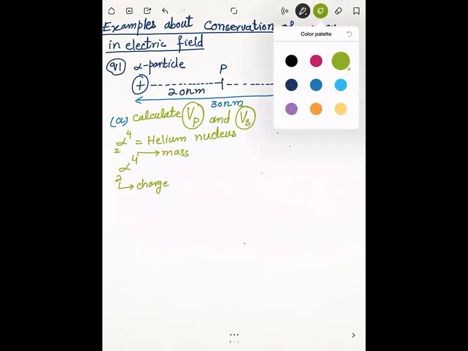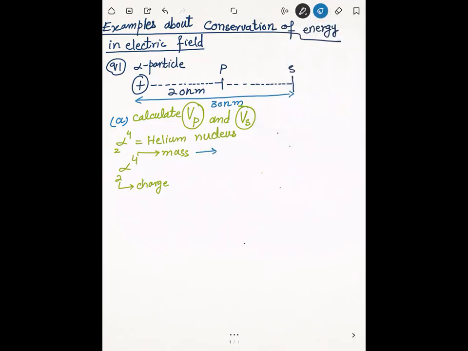But the units that we use are: mass of the alpha particle will be 4 times the unified mass unit, and charge of the alpha particle will be 2 times the elementary charge.